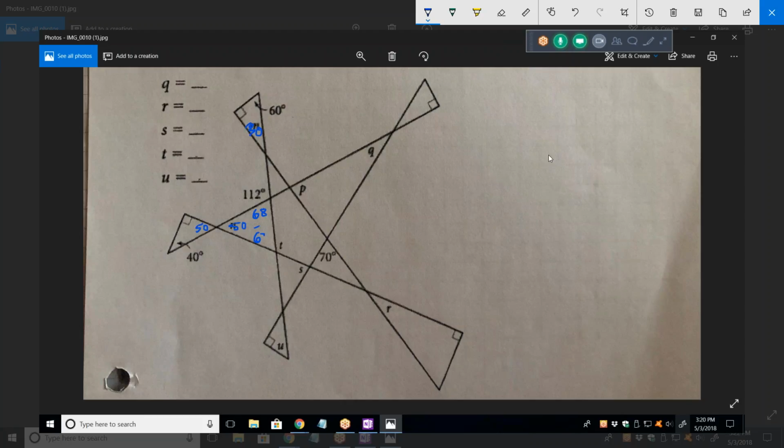Okay, what does that make T? We finally found something that we can answer. 118 degrees. Okay, so that's 118. Now usually what I do here is I just pretty much try to figure out every angle.